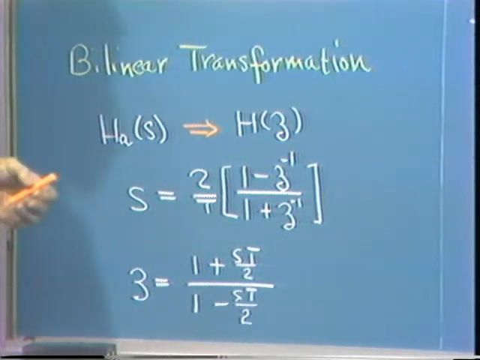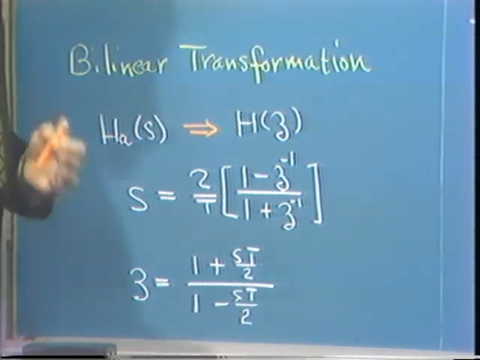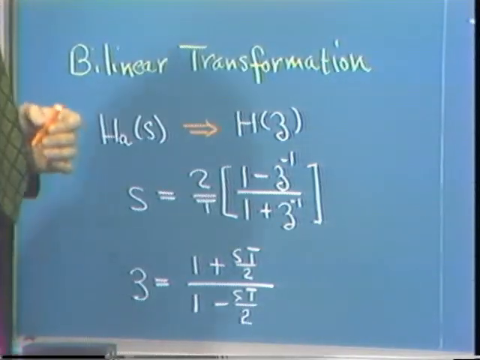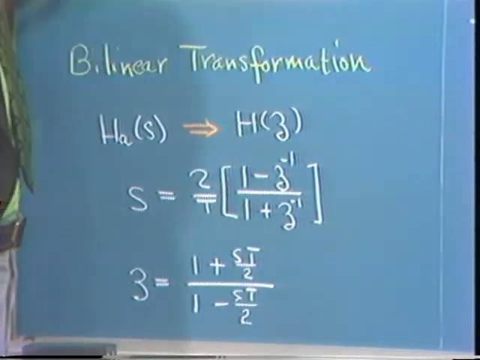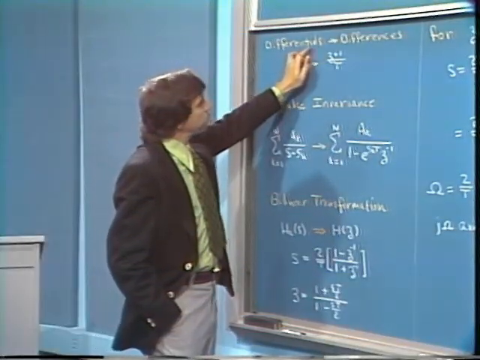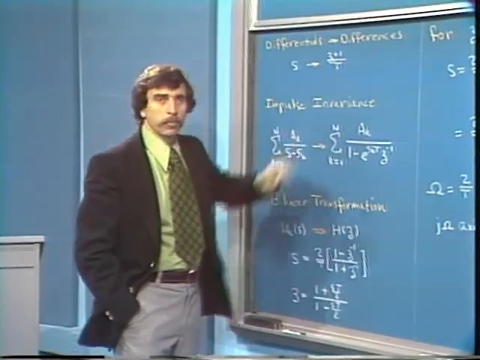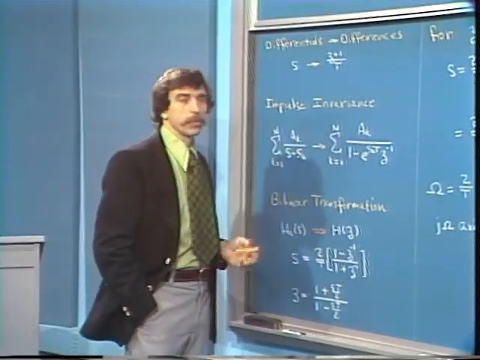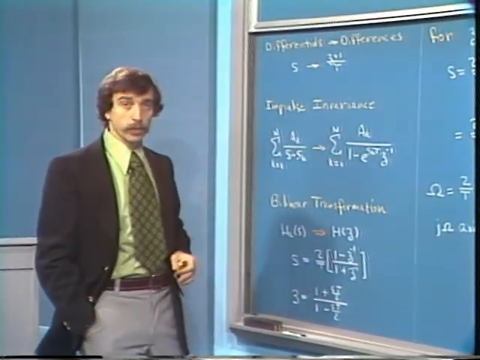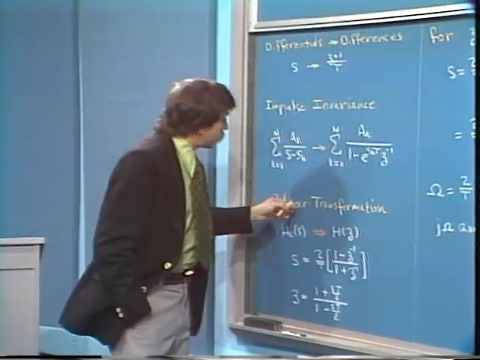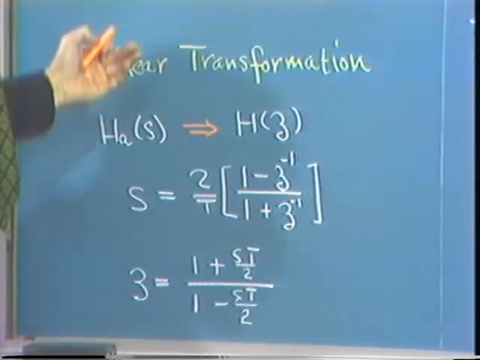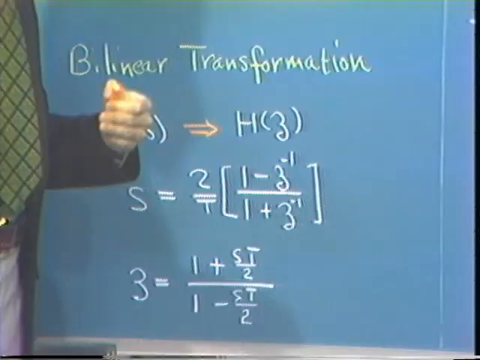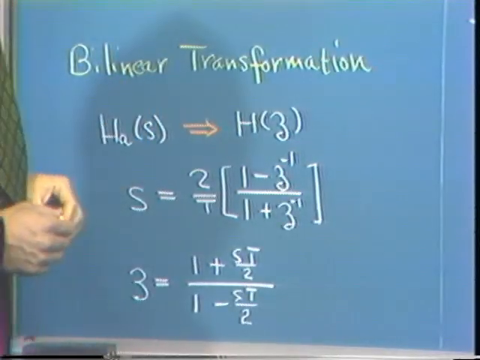There, in fact, is an interesting way of deriving this technique, which is somewhat similar to the technique involving mapping differentials to differences, but of course the bilinear transformation will turn out to be a much more useful technique. This technique can be derived, and we won't be going through this in detail here, although we do in the text.